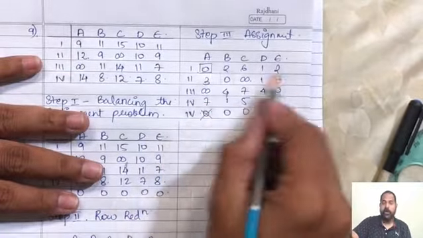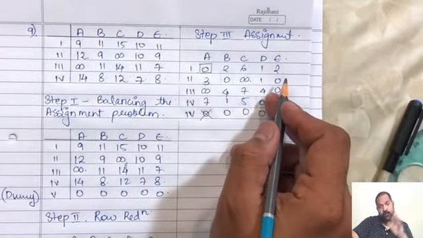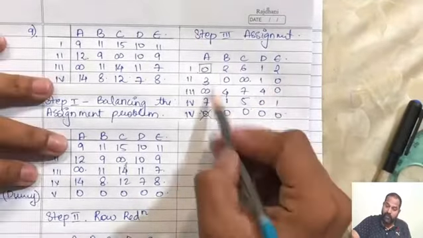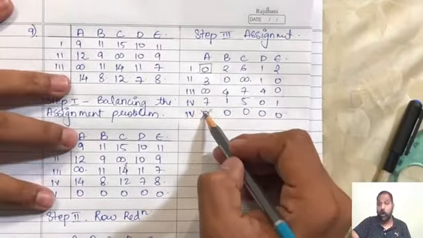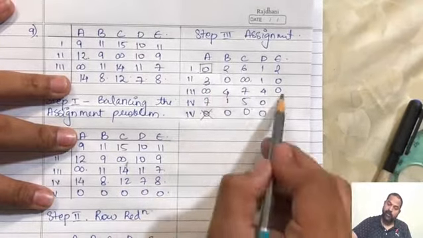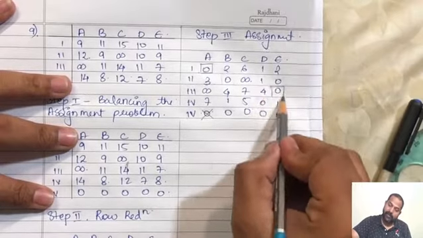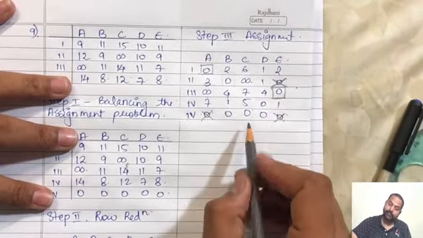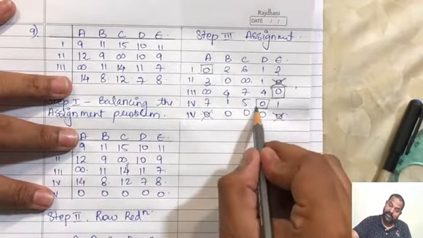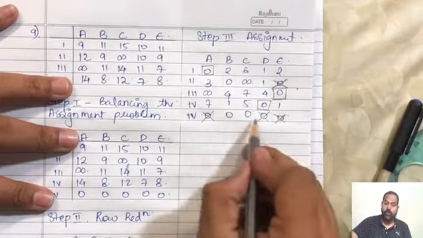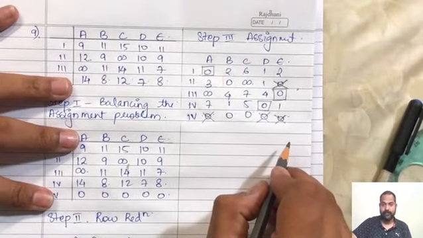Obviously, there will not be another 0 in the row, because we're already checking rows with one and only one 0. So if there is a 0, there has to be a 0 in the column. Cancel it out. 2 zeros, can't do anything. 1 zero, mark it as an assignment. In that column, cancel it out. 1 zero, mark it as an assignment. In that column, cancel it out. 2 zeros, cannot do anything.